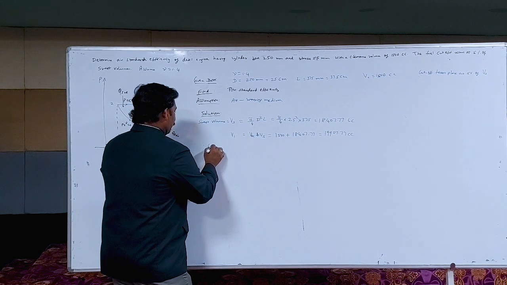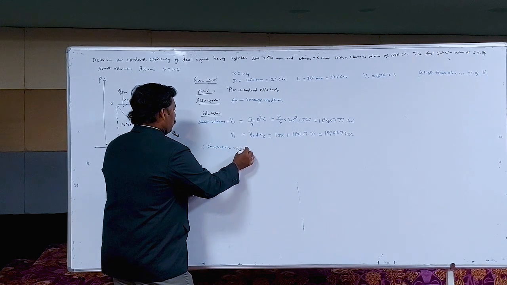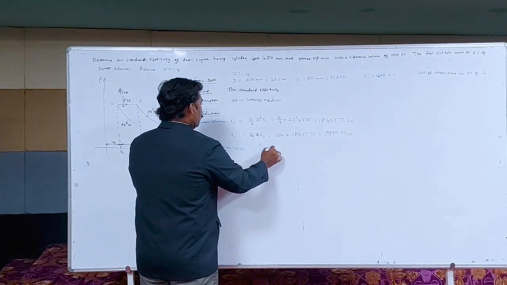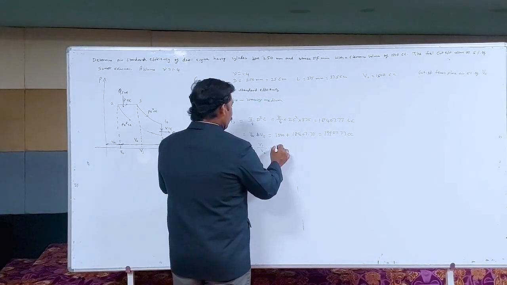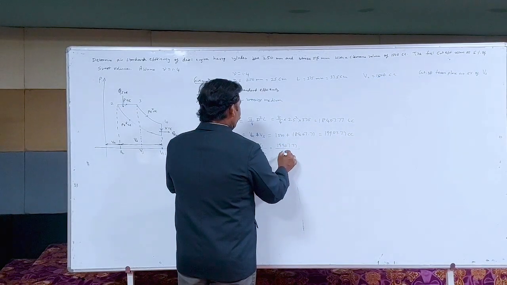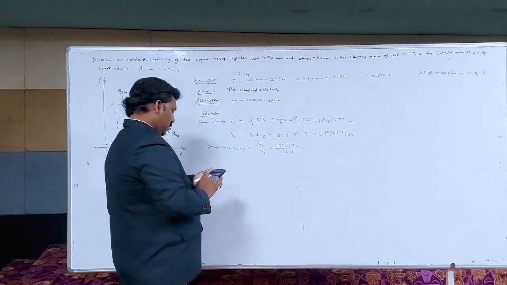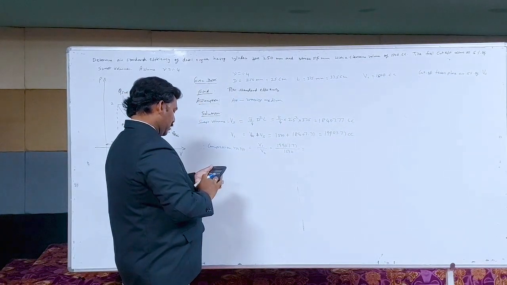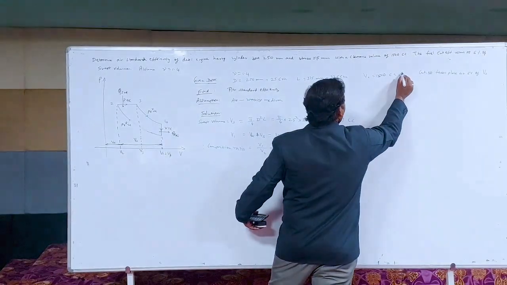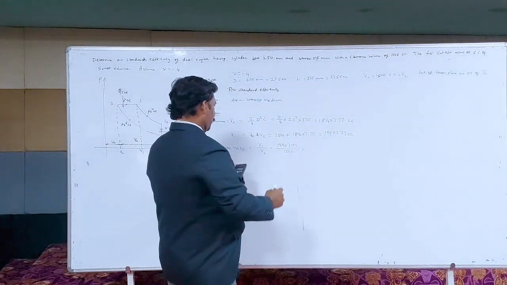Therefore, compression ratio is equal to V1 by V2. V1 is 19907.77, V2 is 1500, the clearance volume Vc. So you get the value 13.27.